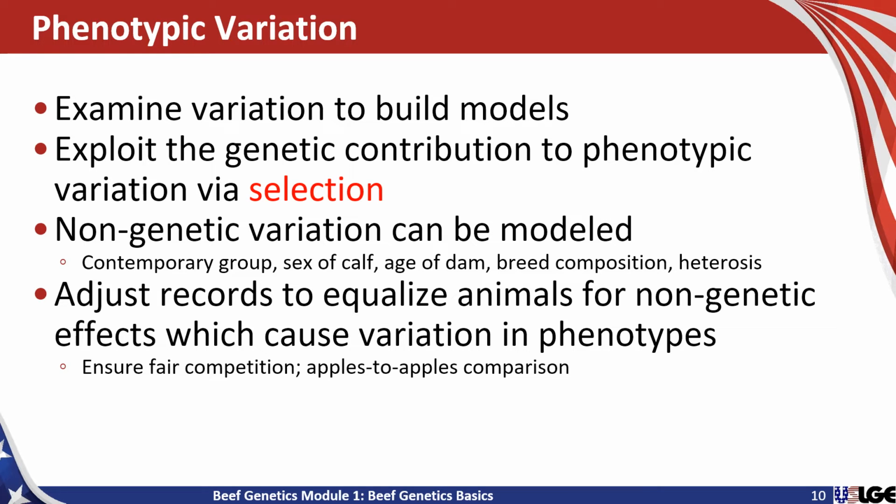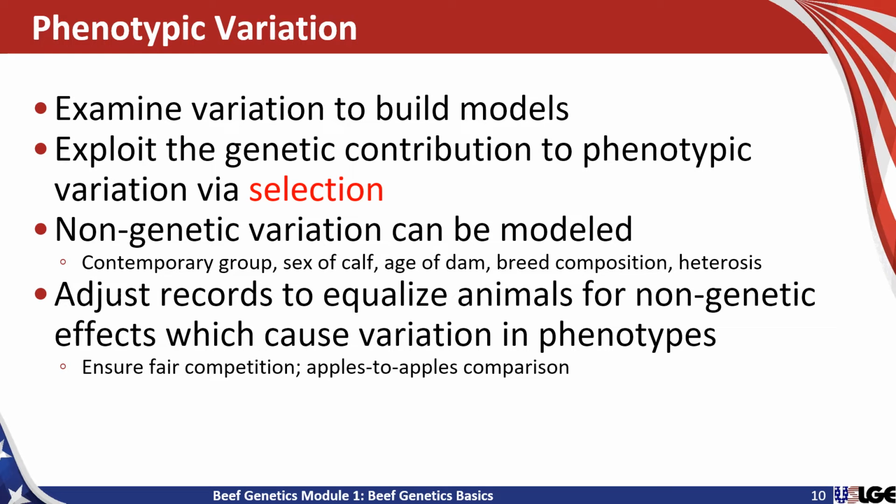We exploit the genetic contribution to phenotype in selection. So we've partitioned the environmental component and the genetic component when we have our EPDs that are produced, and we use those EPDs or exploit them in selection. Non-genetic variation can be modeled in our systems.